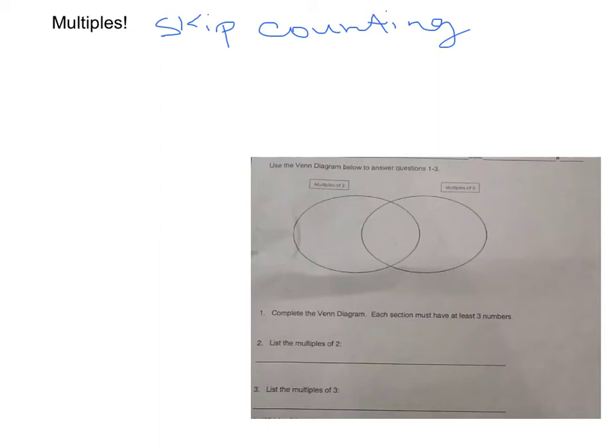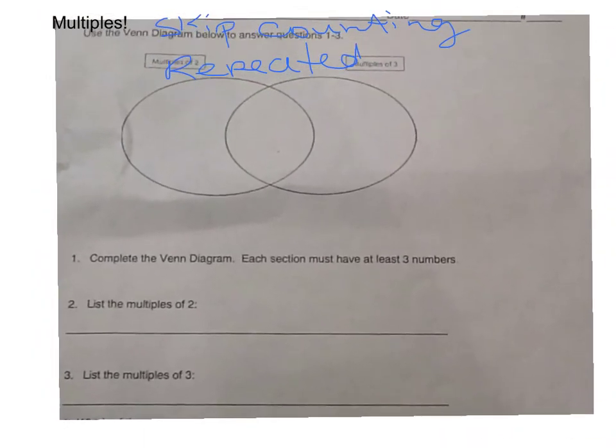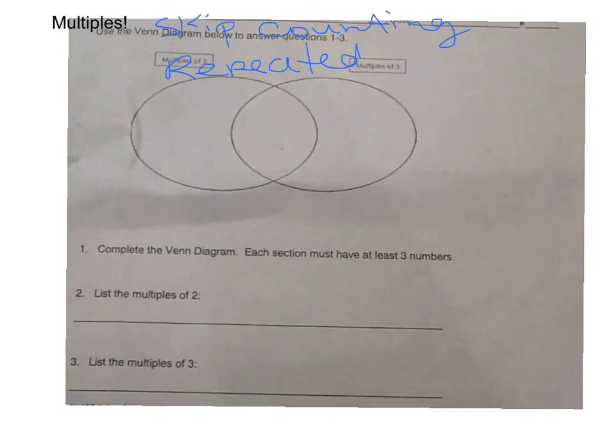It is repeated addition. And it's multiplying by the same number. So let's find all the multiples for 2. Let's go right down here. I'm going to make this a little bit bigger so you can see it. There you go. Hopefully that helps you. And let's find all the multiples of 2.